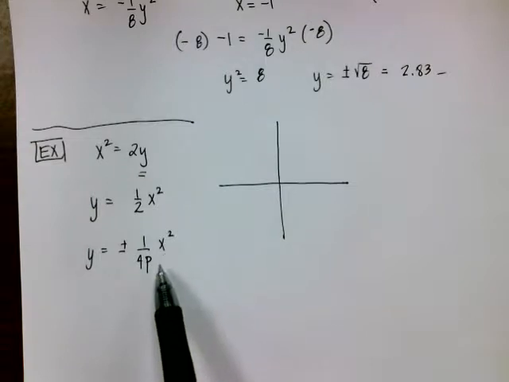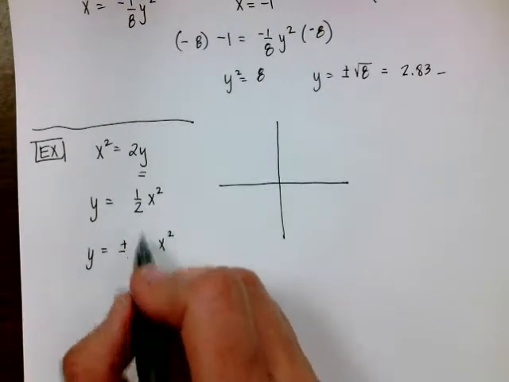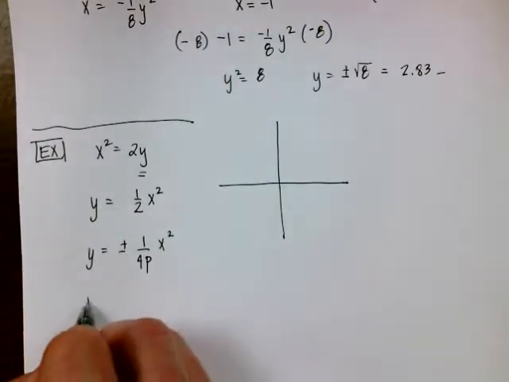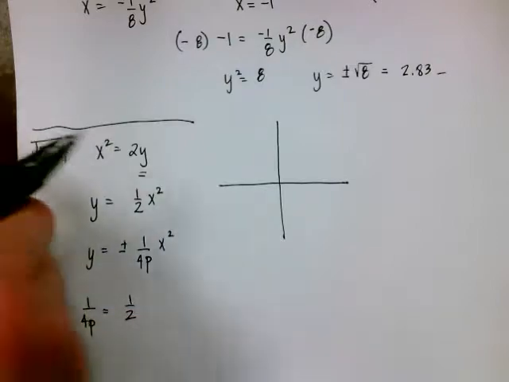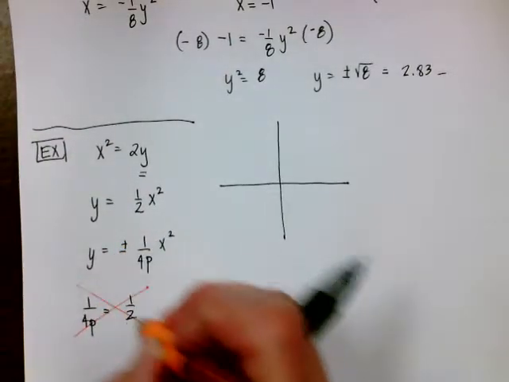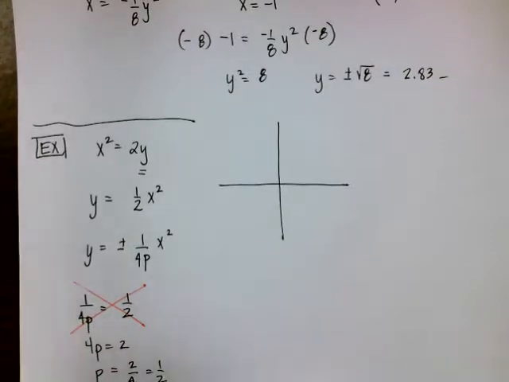And I'm going to use the formula in what I call the working form to help me find p. So these two pieces are equal. So I'm going to do 1 over 4p is equal to 1/2. Then I'm going to cross multiply, and I get 4p is equal to 2, divide both sides by 4, and I get p is 1/2. And that helps me locate everything.